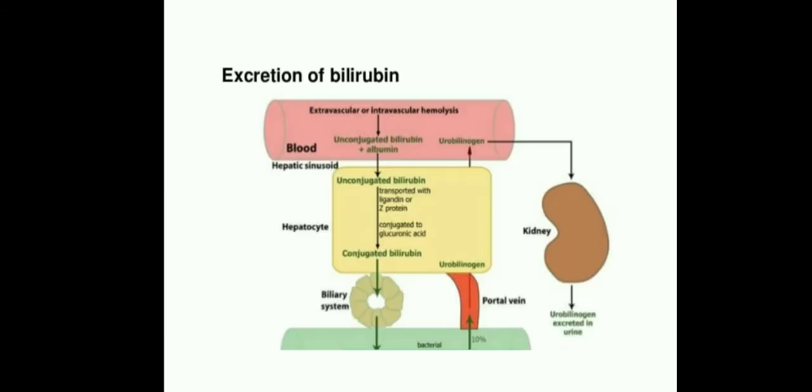Now the excretion of bilirubin. How is it excreted? It is extravascular and intravascular hemolysis. Here the blood, unconjugated bilirubin is converted into the conjugated, and then enters the biliary system, and is transported into the portal vein, and it may enter the kidneys and then the liver.